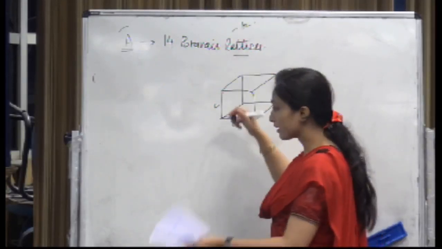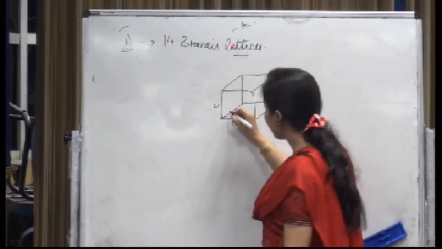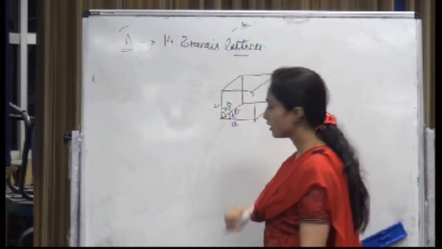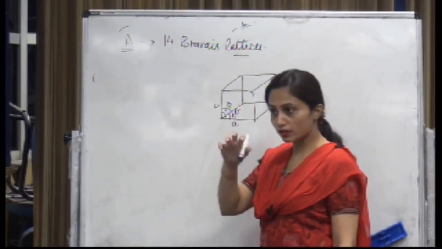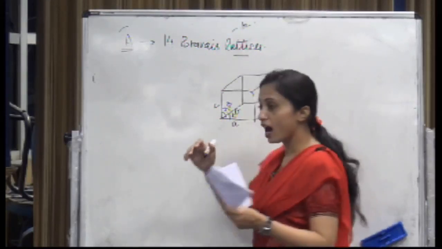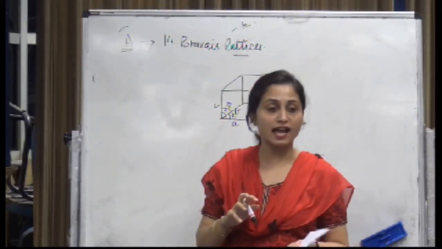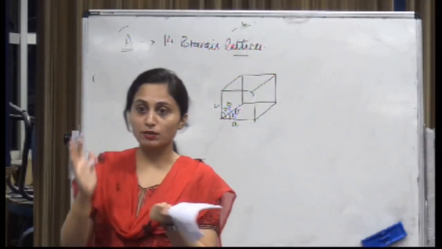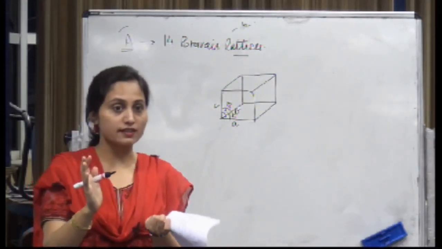The angles they make with one another are termed alpha, beta, and gamma. These are known as interfacial angles, meaning the angles between 2 faces of a crystal.